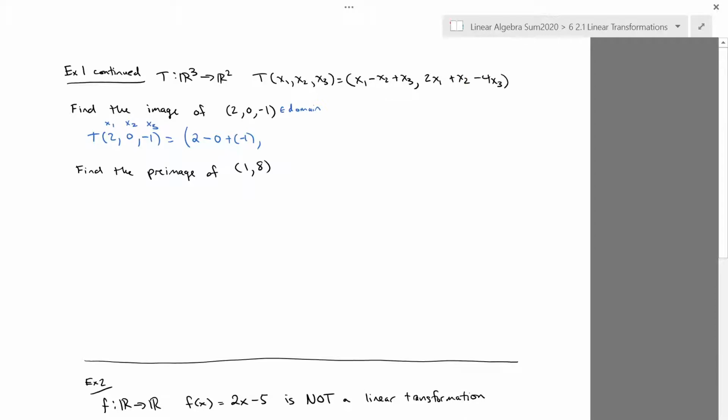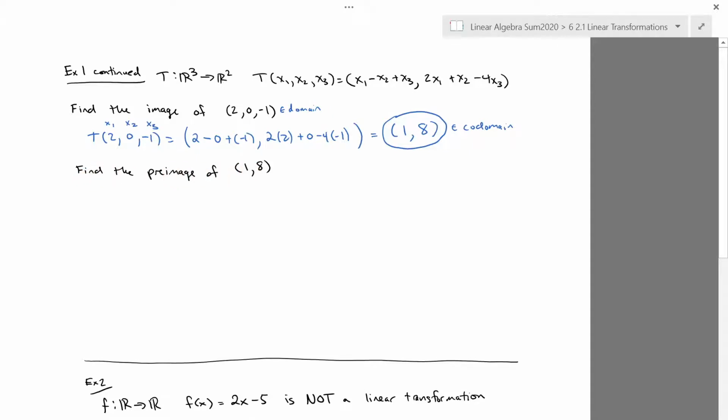So plugging in the numbers, I get 2 times 2 plus 0 minus 4 times negative 1. And calculating, so 2 minus 1 is 1. And then 4 plus 4 is 8. Right, and then this belongs to the codomain. Okay, so the image of an element is a single element.